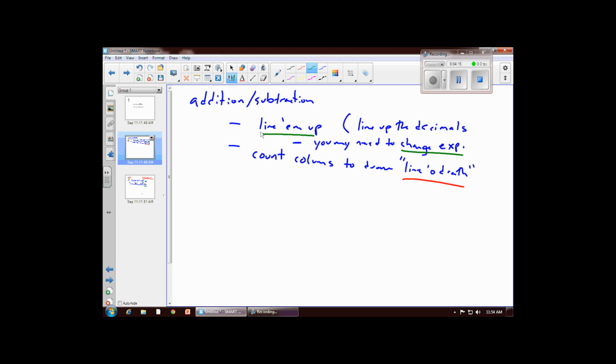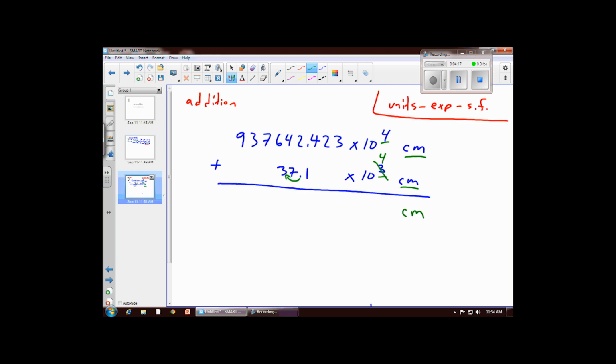When we change the exponent, we have to now re-line up the decimals, because where the decimal place was before is not really lined up, because I'm a crooked writer, and where it is now is going to change because we've shifted it. So I'm going to change this now to 3.71. Notice how I've lined it up under the decimal here, times 10 to the 4th.